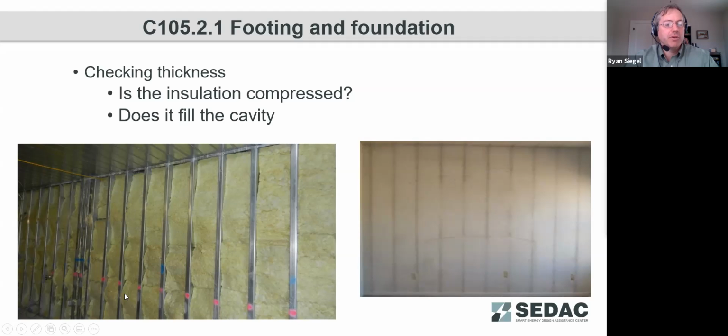So there is a lot of compression going on. Looks like maybe some of this has to do with the insulation batt not being split and run around pipes and wires. And so that can cause the insulation to degrade in performance.